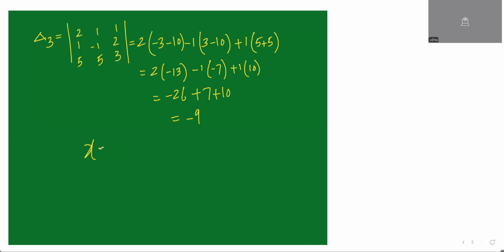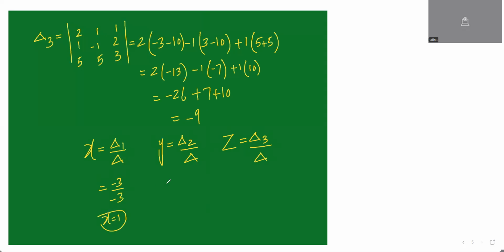To find x, the formula is delta 1 by delta. To find y, the formula is delta 2 by delta. To find z, the formula is delta 3 by delta. Plugging in the values, minus 3 by minus 3 means x is equal to 1. The second value is minus 6 by minus 3, which is 2.